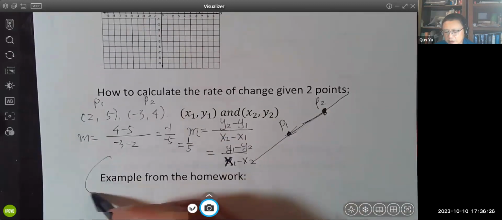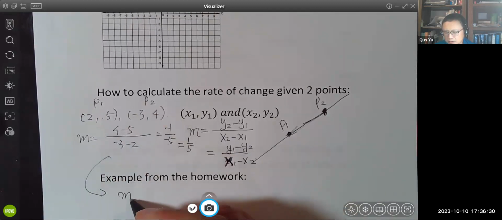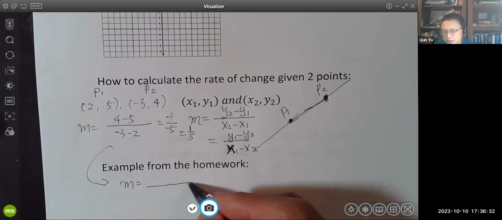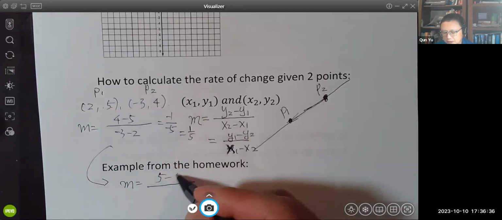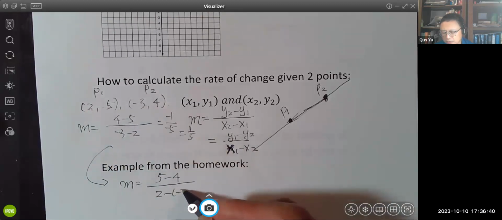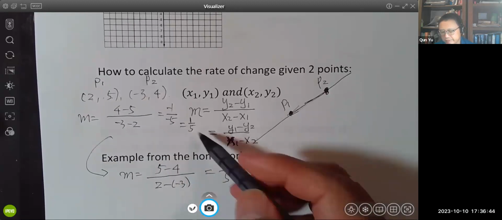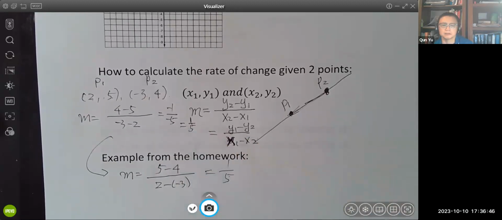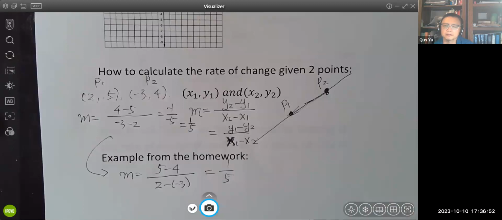Now, what if I do from P1 to P2? So I use y1 minus y2, 5 minus 4, and x1 minus x2, 2 minus -3. What do I get? 1/5. Yeah, it's supposed to be the same. No matter which direction you go, that's the same line. Same line will give you same slope.